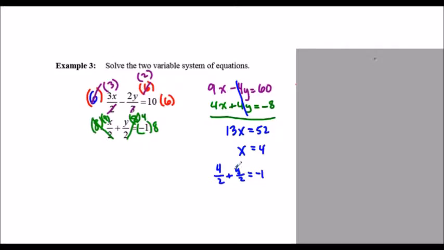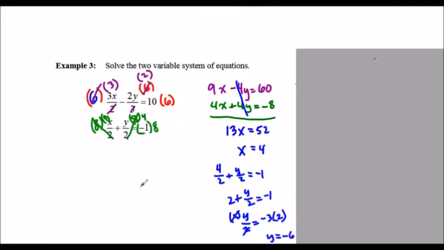And at this point, I've got 2 plus y over 2 equals negative 1. When you deal with this, y over 2 equals negative 3, you're going to multiply both sides by 2 to divide out that 2. And I've got y equals negative 6.